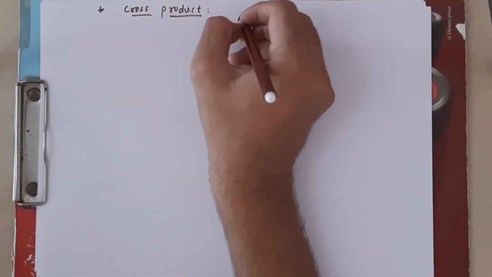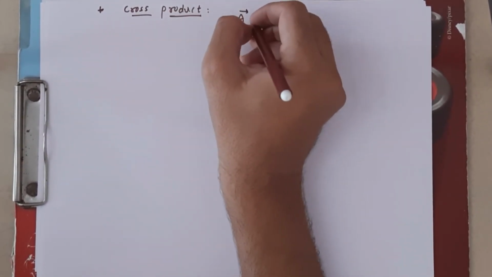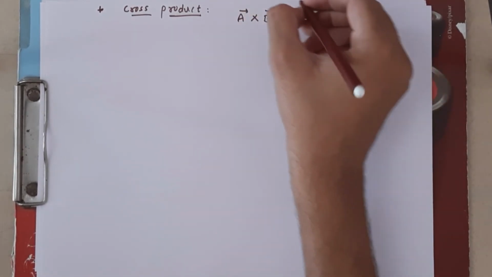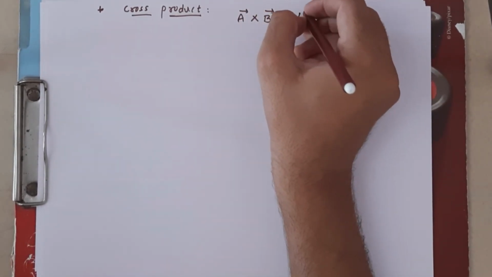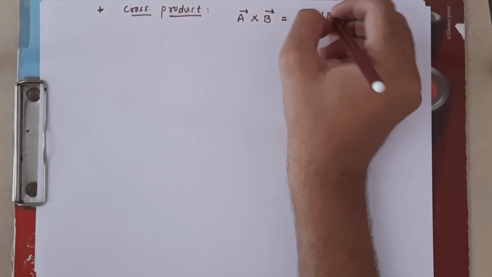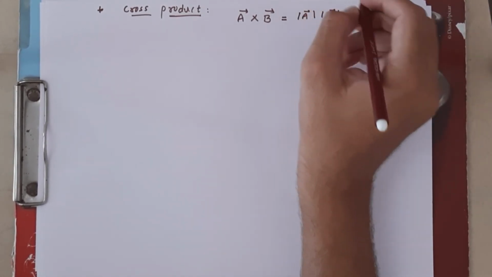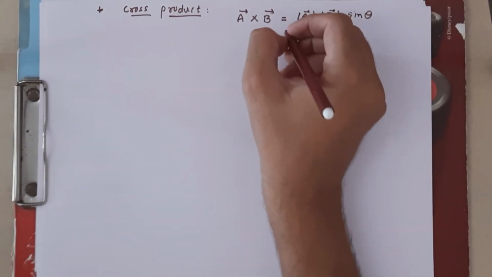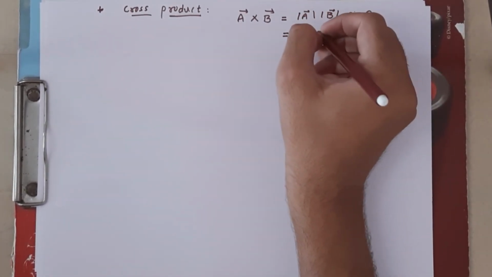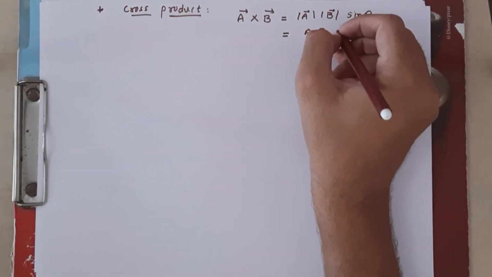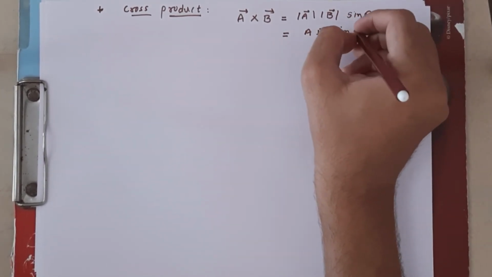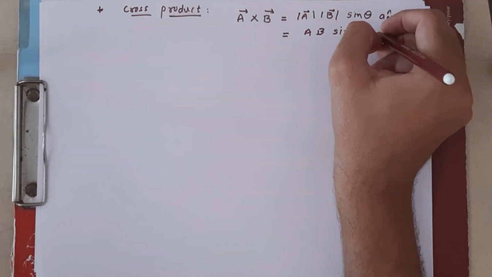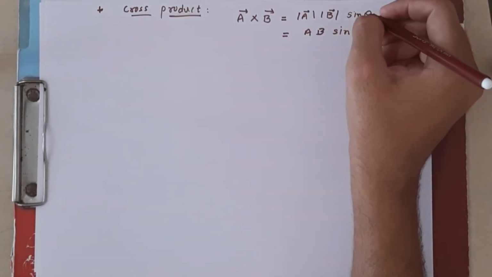Suppose vector A is given and vector B is given, so vector A cross vector B, the answer is mod of vector A, mod of vector B, or you may just write A B sin theta, and here it is n cap. We'll discuss what is n cap.